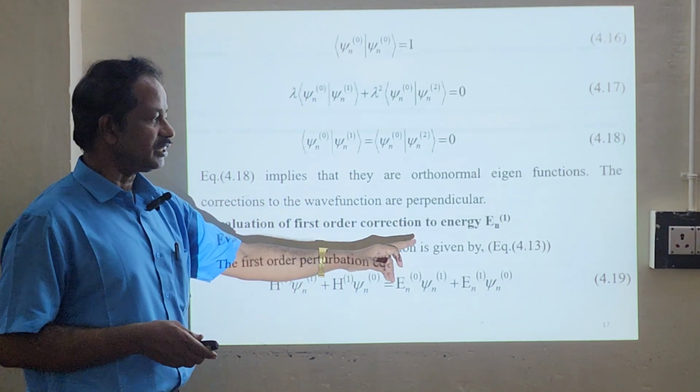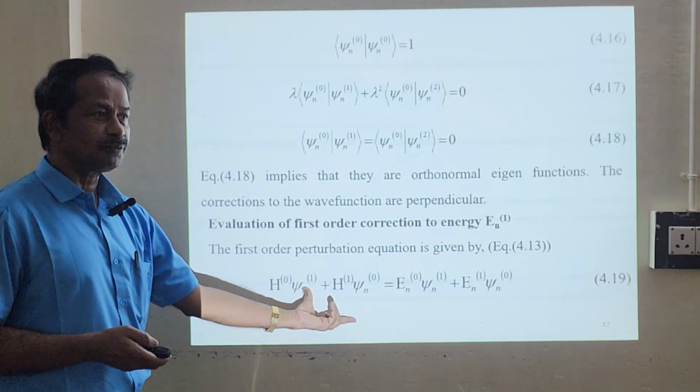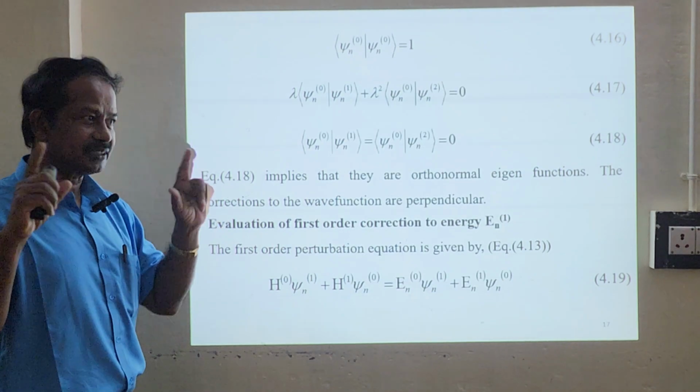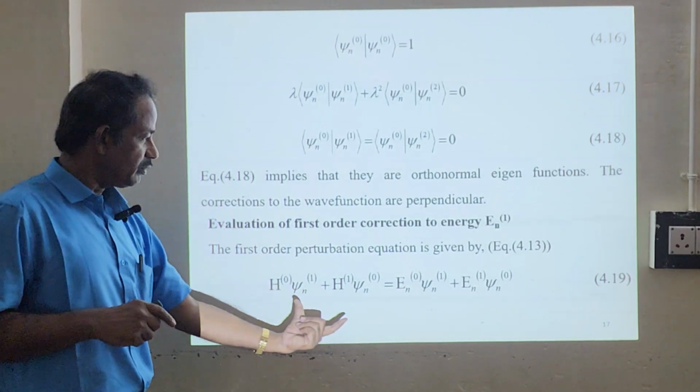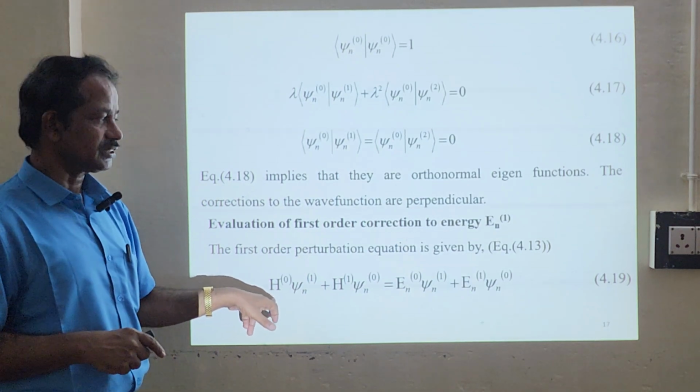The first order perturbation is given by equation 4.13. We have already seen this one. Equation 4.13 we have taken by comparing the coefficient of lambda to the power 1. So this equation is called the first order perturbation equation.